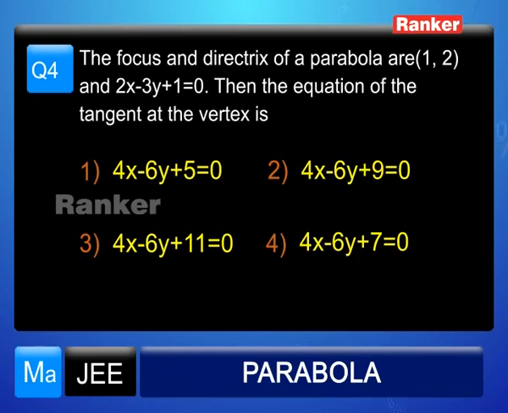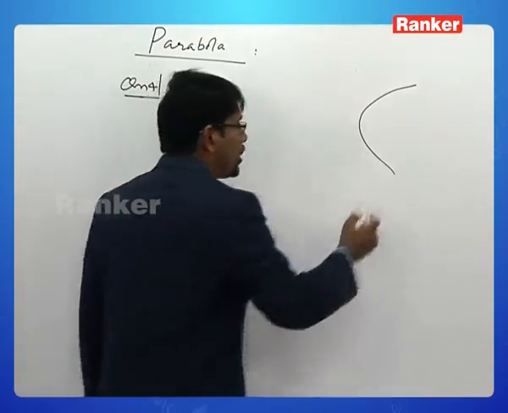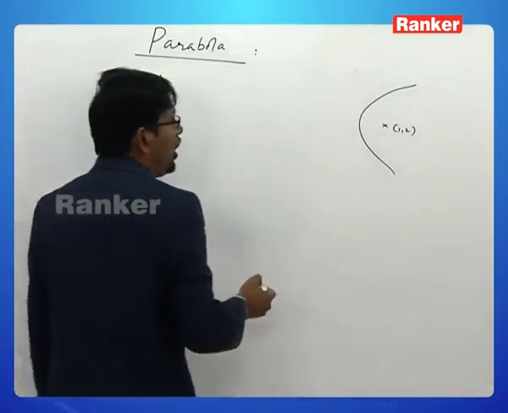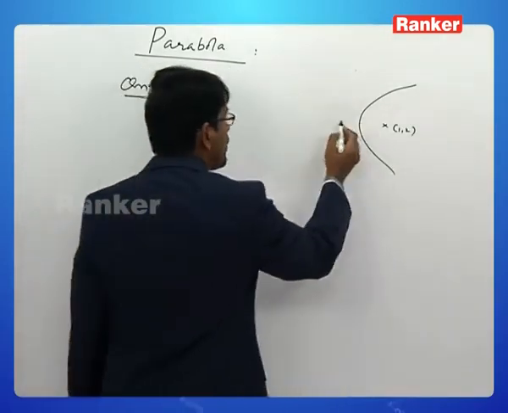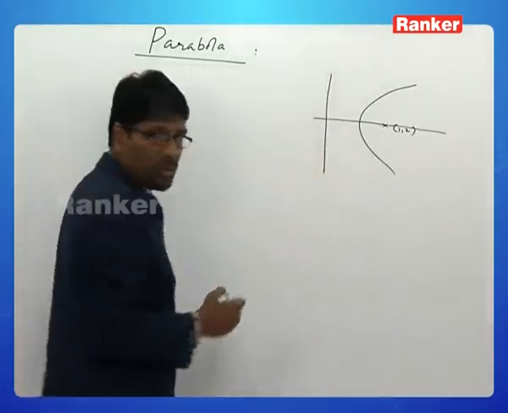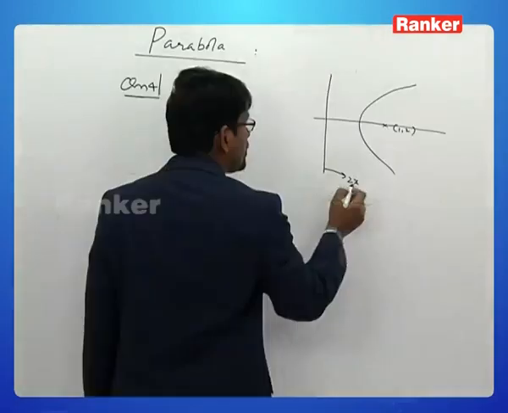Let's again look at figuratively what is the situation. Here we are given that the focus is (1, 2), and the directrix is 2x - 3y + 1 = 0.